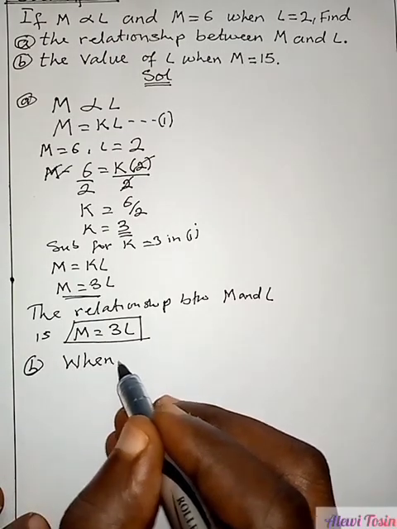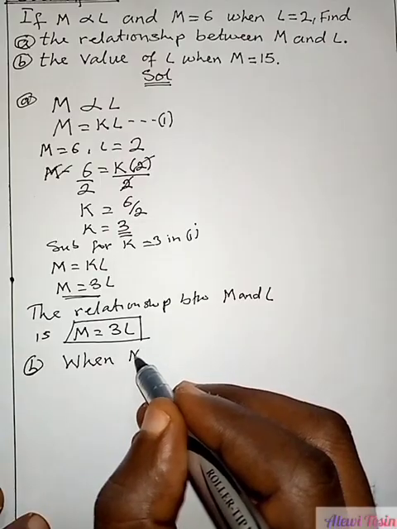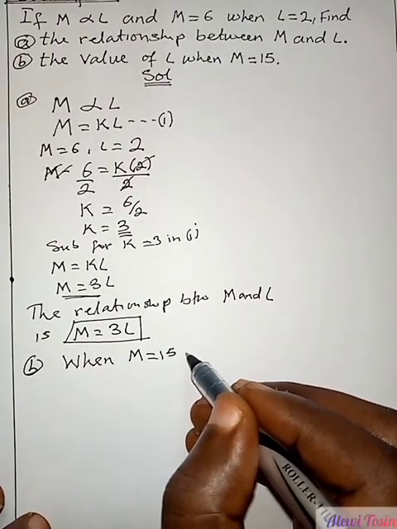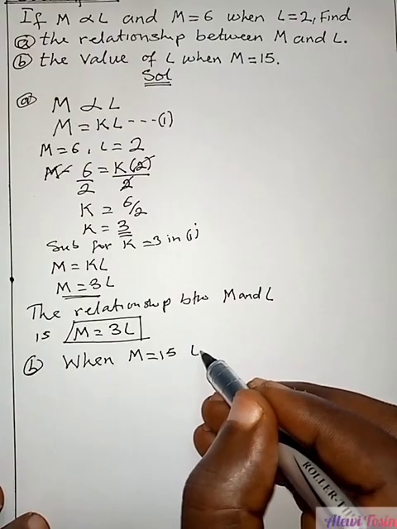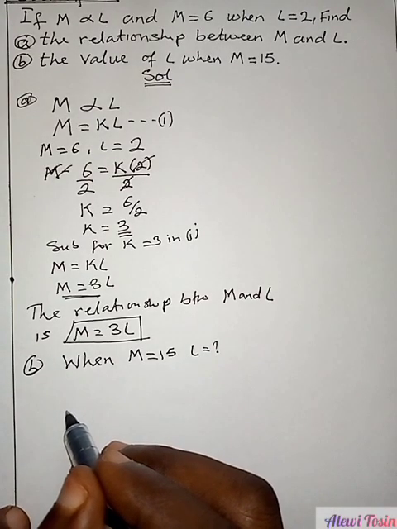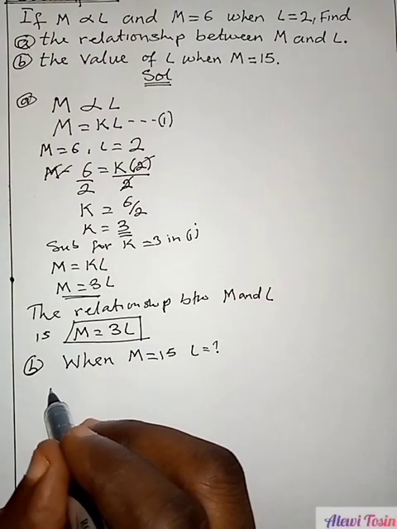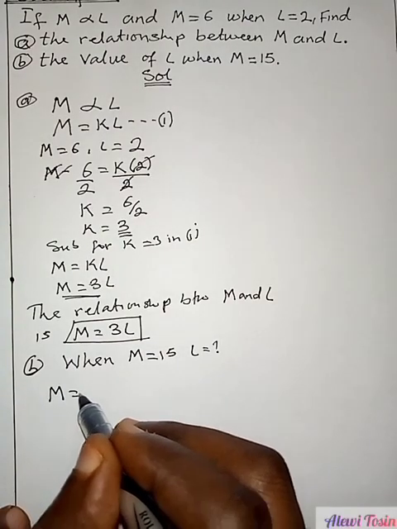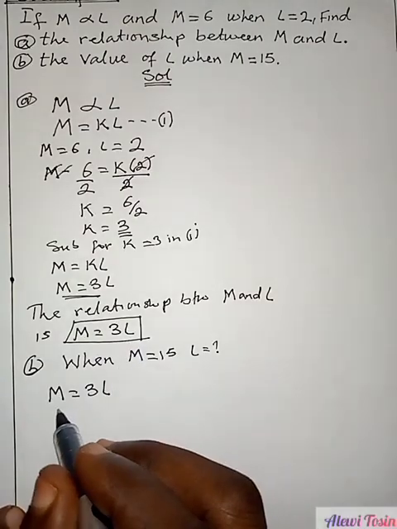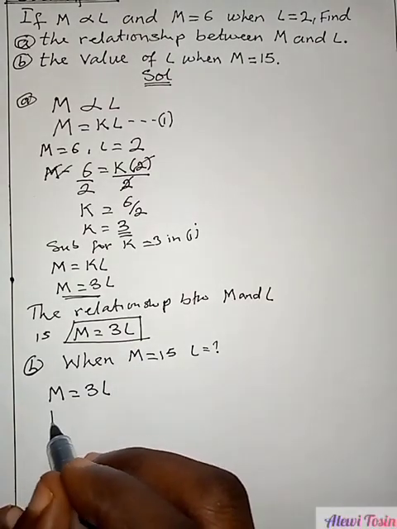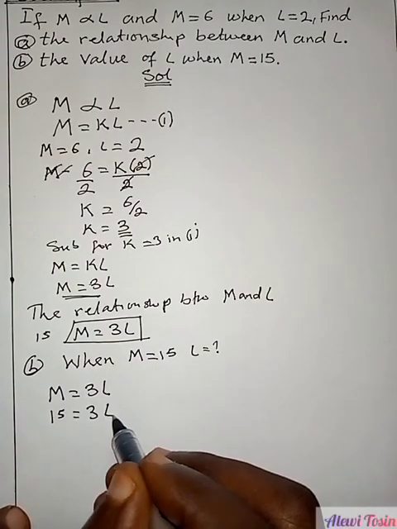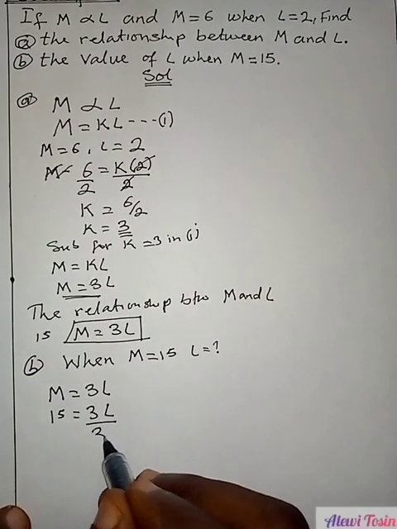When M equals 15, so we have to find L. So we can say that from our relationship between M and L, M equals 3L. So let's solve for M equals 15, and divide through by 3.